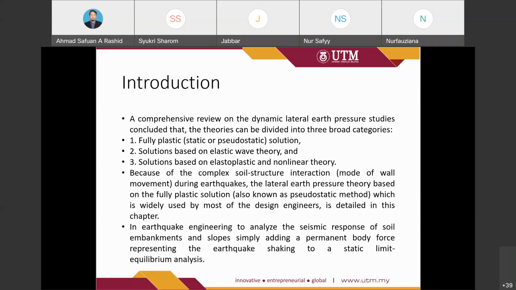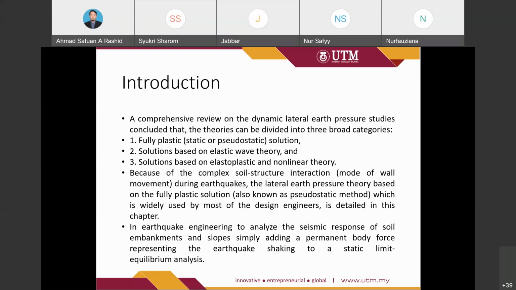Because of the complexity of soil-structure interaction during an earthquake, the lateral earth pressure theory based on the fully plastic solution, which is widely used by most design engineers, is detailed in this topic.